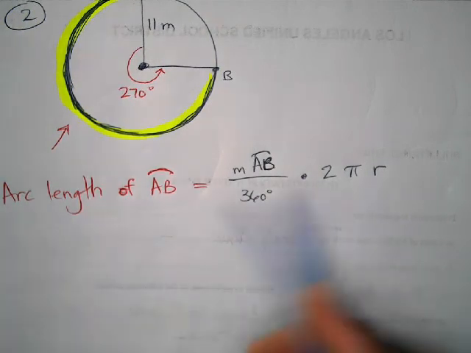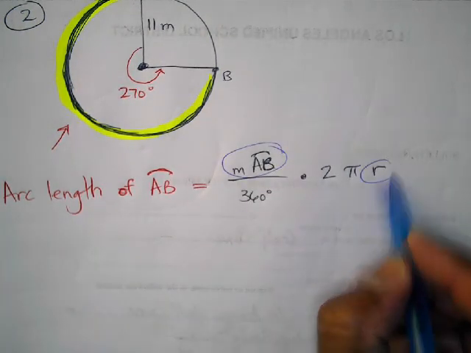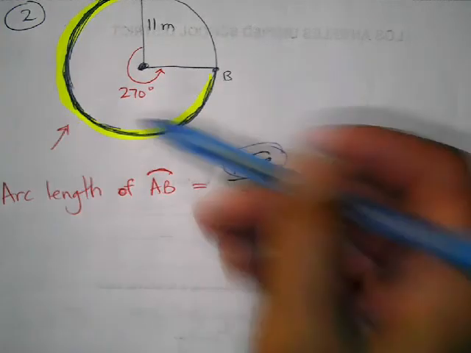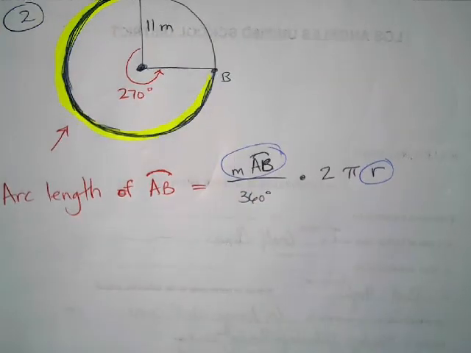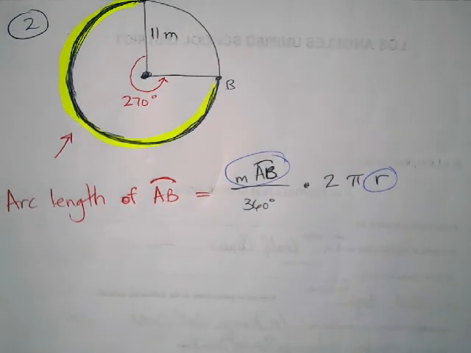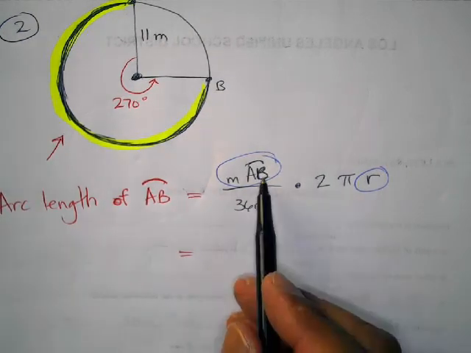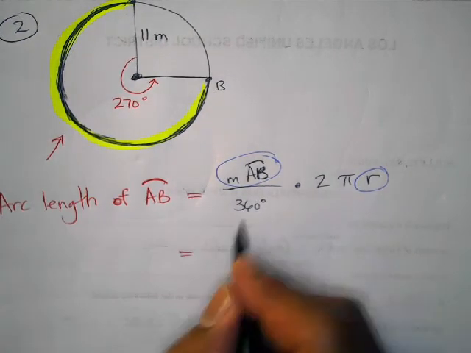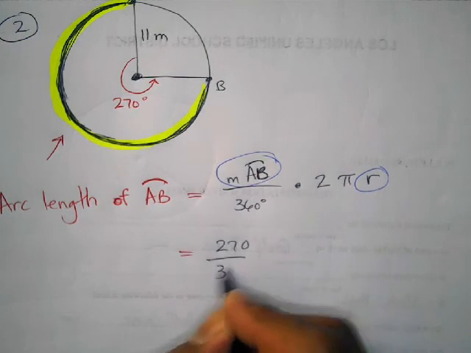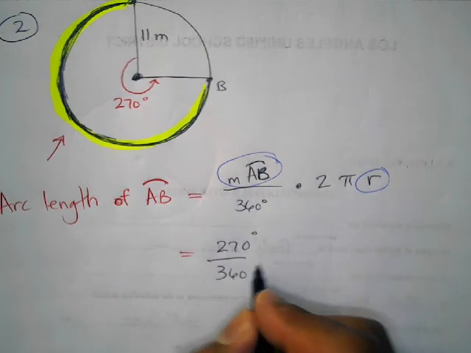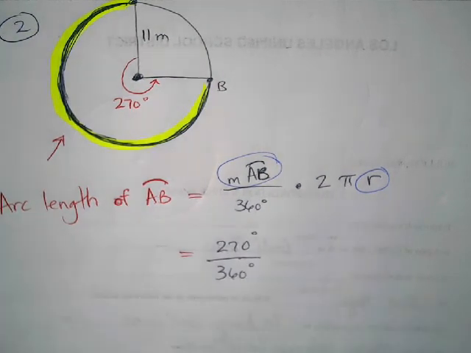Remember, there are only two pieces of information you need to put in this formula, and only two pieces of information they give you. We're going to put it here, and we're going to put it here. That's the only two things you need from the circle. So what am I going to divide by 360?